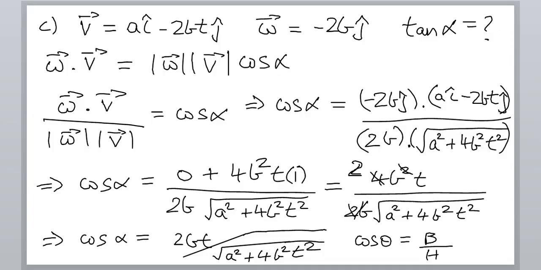But it is not necessary that it is in the first quadrant, because you would know, I hope, from your knowledge of trigonometry, that if cos alpha is positive, which is in our case because the numerator is 2bt and the denominator is clearly positive because there's the square root, and in the question they have mentioned that b is a positive constant, and time cannot be negative, so t is also positive. So we know that cos alpha is a positive number, but cos alpha can take positive values in the first quadrant and in the fourth quadrant as well.